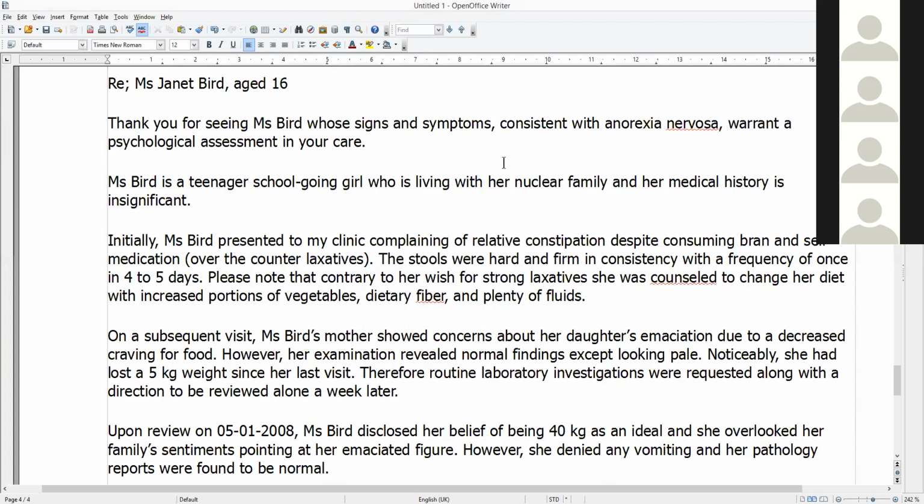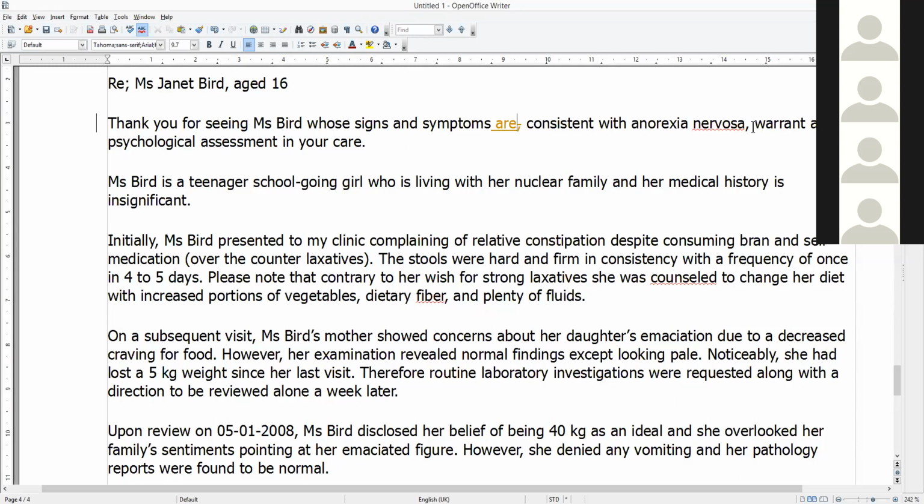Thank you for seeing Miss Burton, whose signs and symptoms are consistent. No, we don't need a comma. We just need our auxiliary verb, are consistent with anorexia nervosa. It warrants. Thank you for seeing Miss Burton's signs and symptoms.